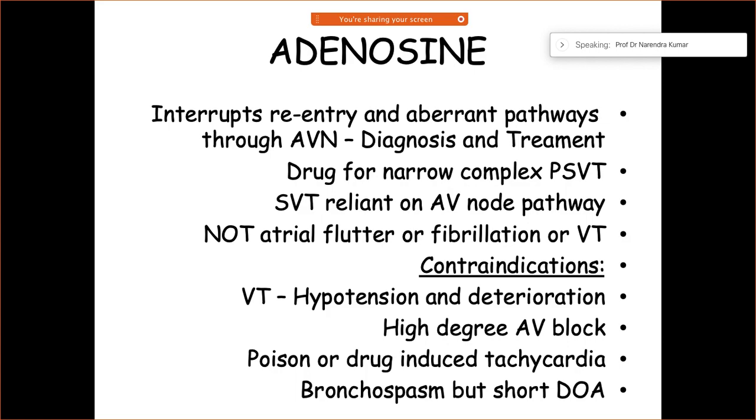So it's a wonderful drug for the narrow complex PSVT and the SVTs which are reliant on the AV nodal pathways. So it's a great drug, but you should not try to use it for atrial flutter or even fibrillation or the VT as well.